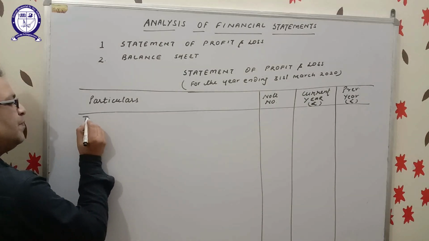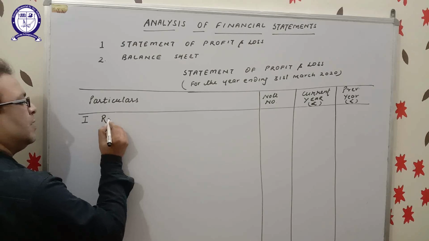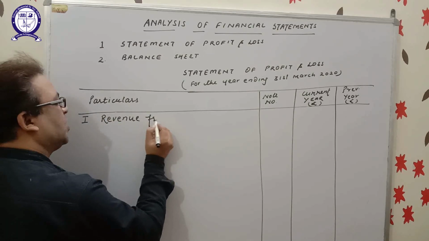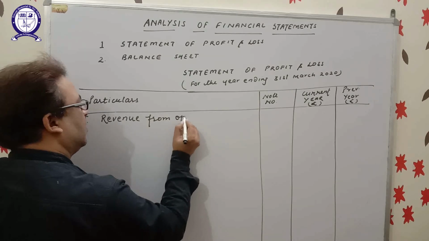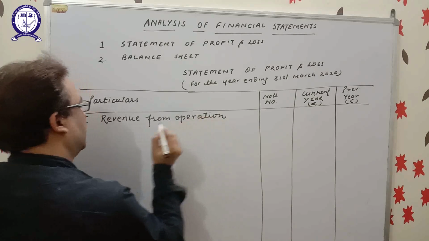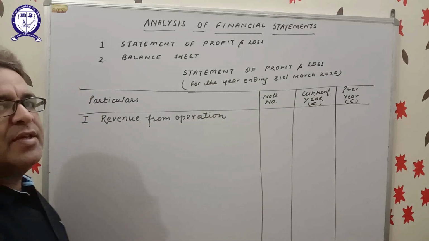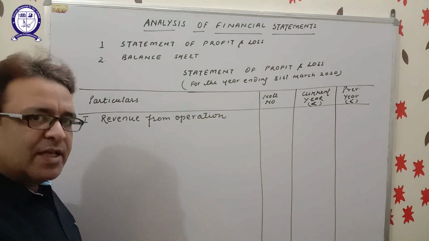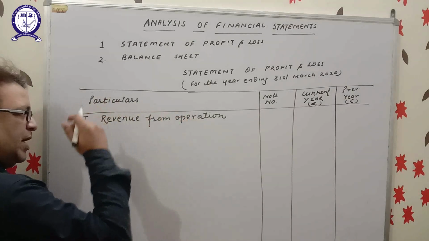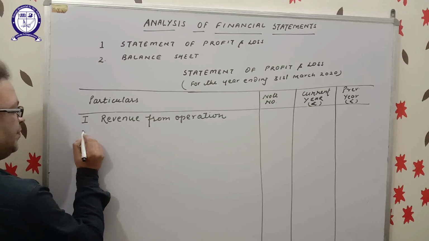First of all, revenue from operation. Revenue from operation means sale of goods and services. Sometimes sale of scrap is also included in revenue from operation.